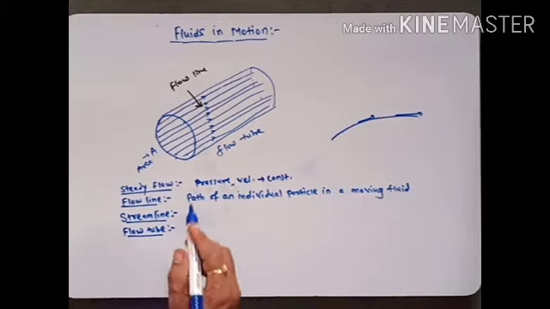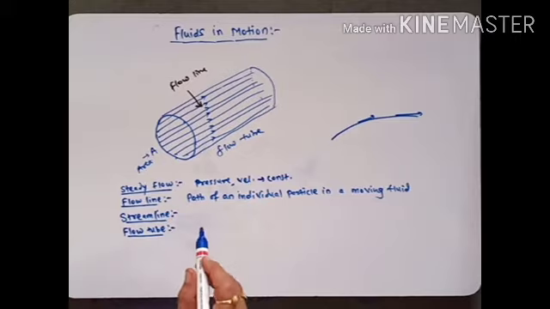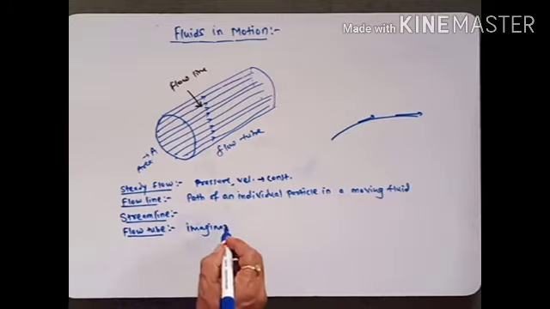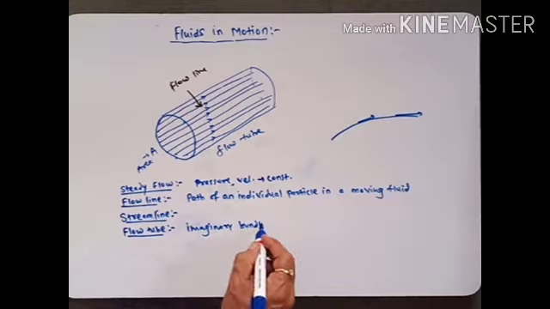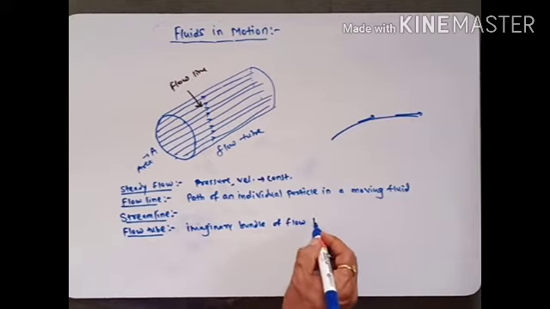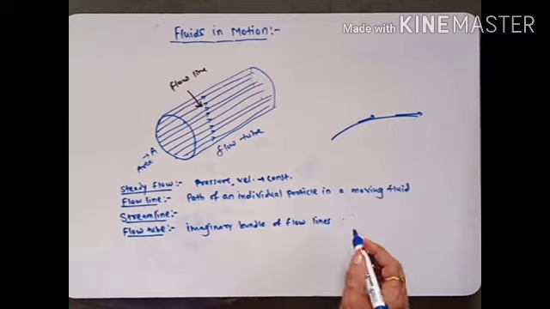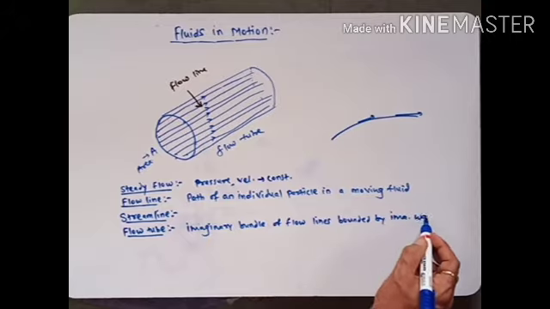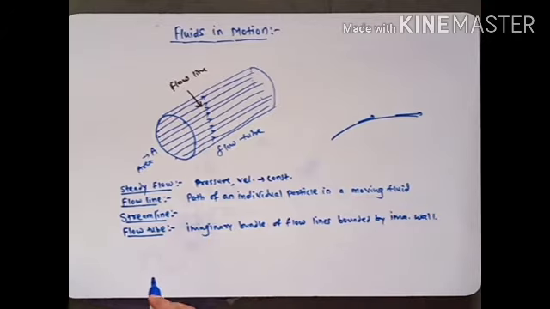Next one, flow tube. It is an imaginary bundle of flow lines bounded by an imaginary wall. This is the flow tube.